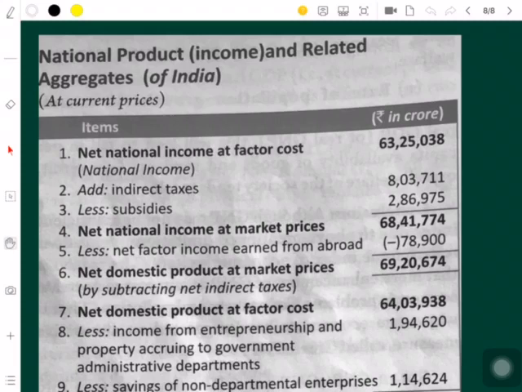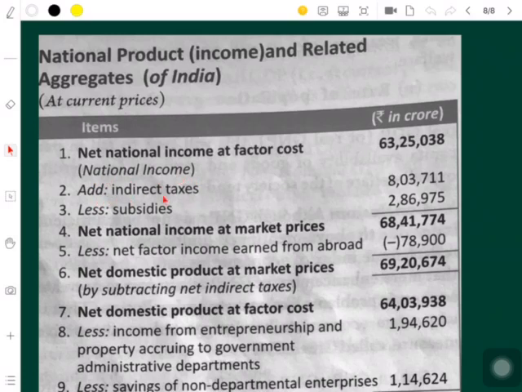National income at current prices, national income at base year prices, nominal national income, exactly the same thing I am talking of. Here you can see how it is done in a nation. National income at factor cost is this much, 63 lakh 25,000 38 crores, your total national income.